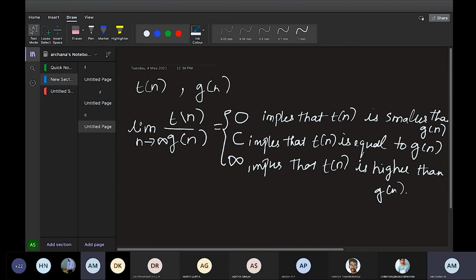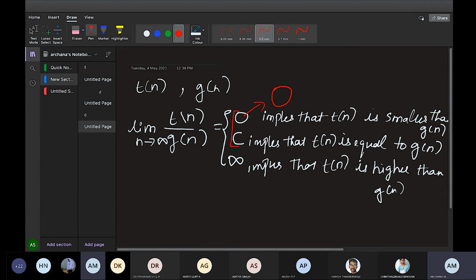Look here: 0 and constant C imply smaller and equal. So whenever the limit of T of n and G of n is either 0 or a constant, you can easily tell it belongs to big O notation.